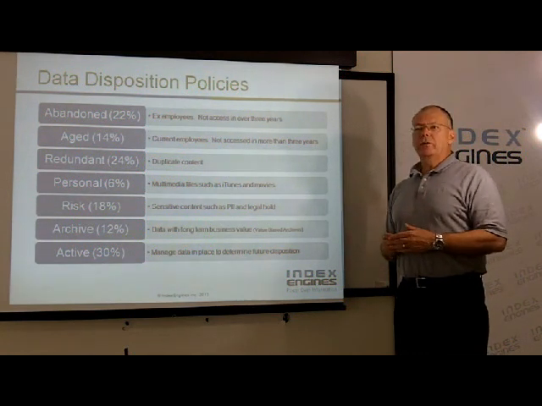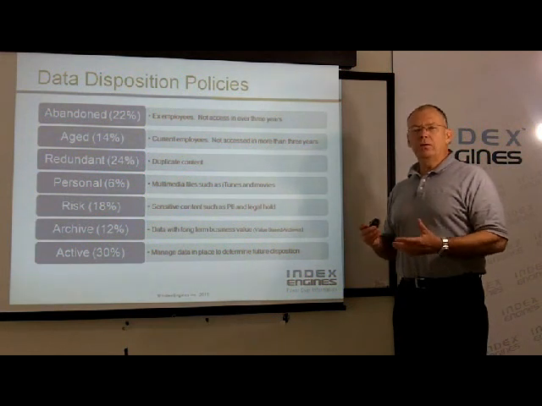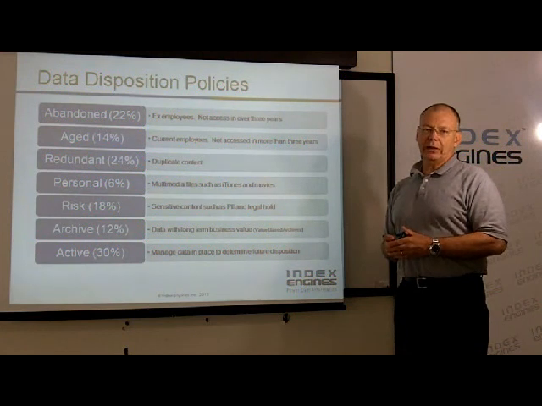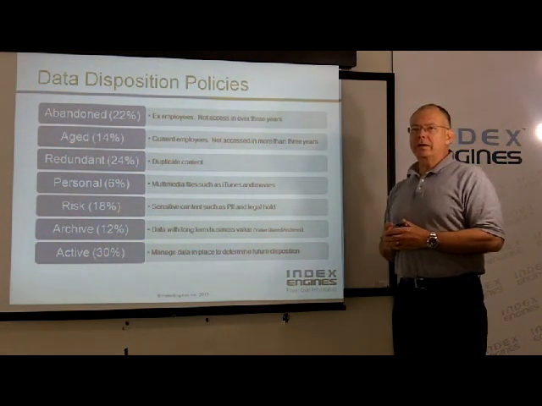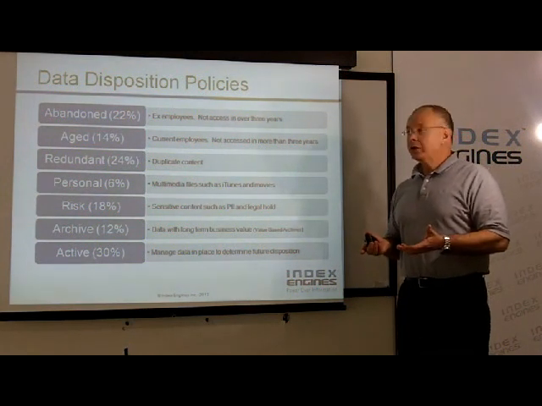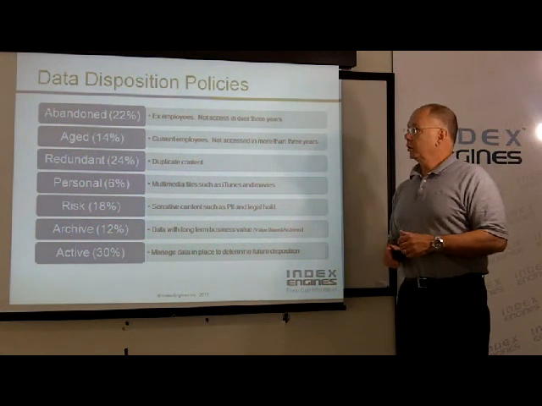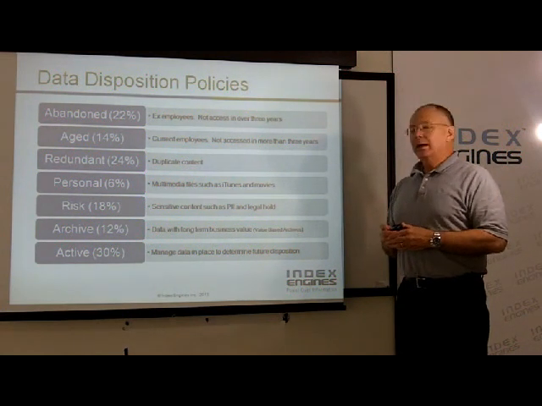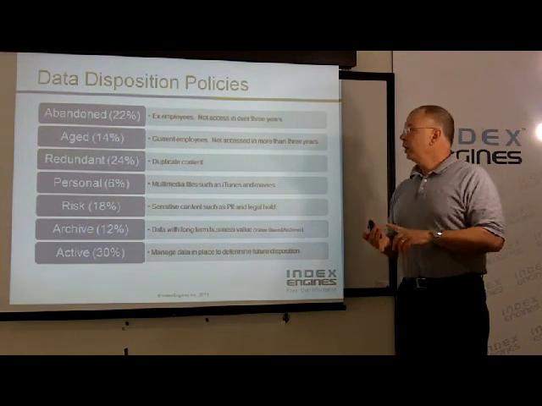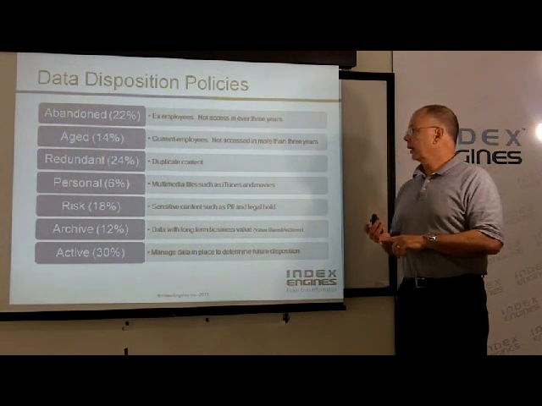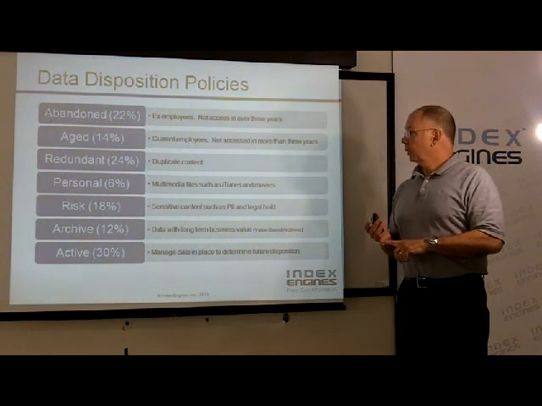You'll see here some typical profiles that we've seen in other companies and approximate percentages of data that fall into those specific profiles. We create profiles for abandoned data. This is data mainly from ex-employees that hasn't been accessed in over 3 years. Or a policy that identifies aged data: aged data for current employees, data that hasn't been accessed in more than 3 years and really should be looked at for disposition.